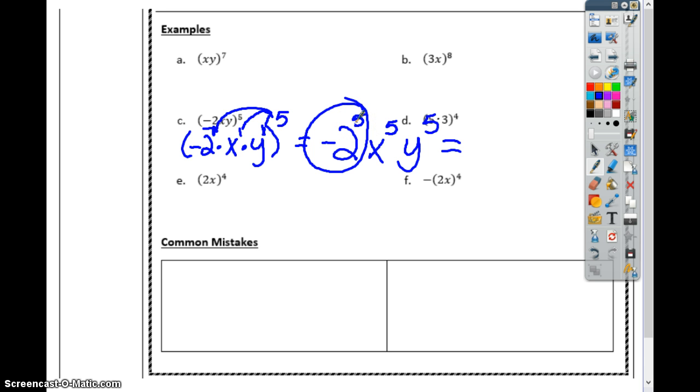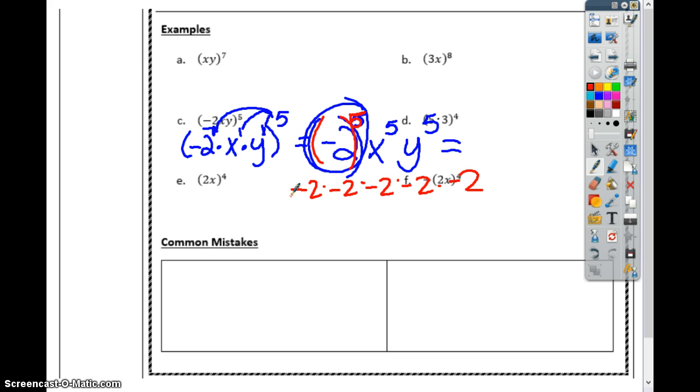And this was in parentheses, so my bad, I should have this in parentheses here. 5 and the -2, we talked about that. So that's 5 -2's. 1, 2, 3, 4, 5. Now we have an odd number of negatives.